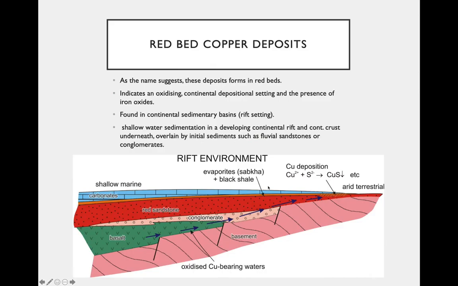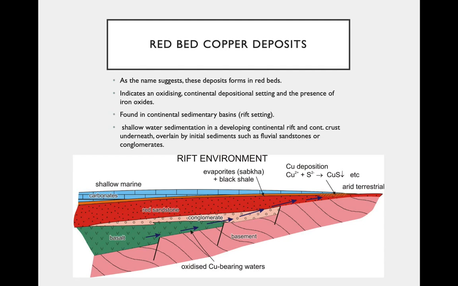So how does this relate to ore deposits? Where do we make the money? You know, that's the important thing. So red bed copper deposits, also related to stratiform copper deposits. The key here, as the name suggests, is they form in red beds. So for those who don't know, red beds are oxidized sandstones or shales or sedimentary sequences that are interpreted to form in aeolian environments.